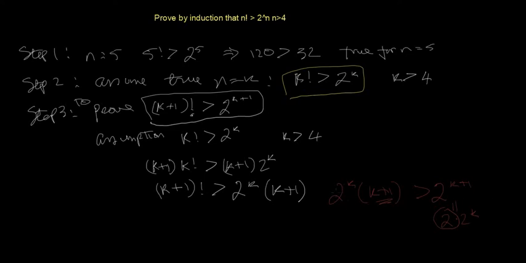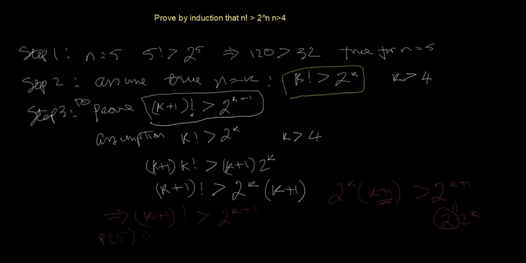This thing I've just written here on the right is probably good for your logic thinking, but not absolutely essential, because we've actually proven it already. So we proved that k plus 1 factorial is greater than 2 to the power of k plus 1, and that's our proof.